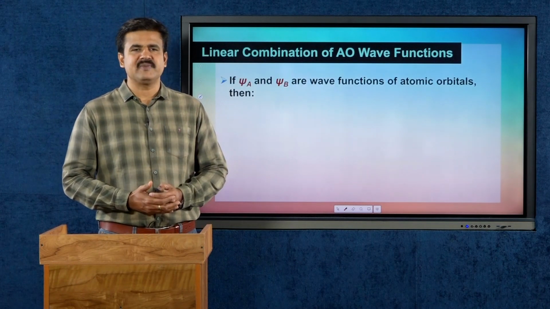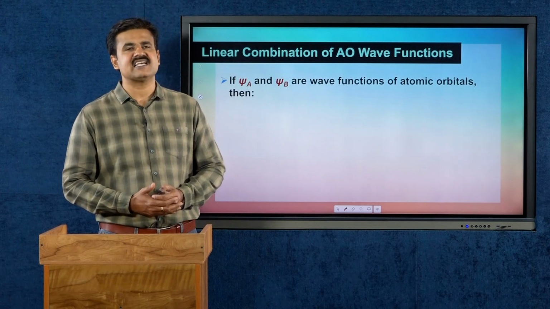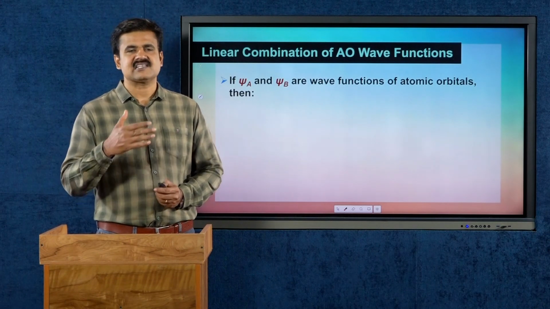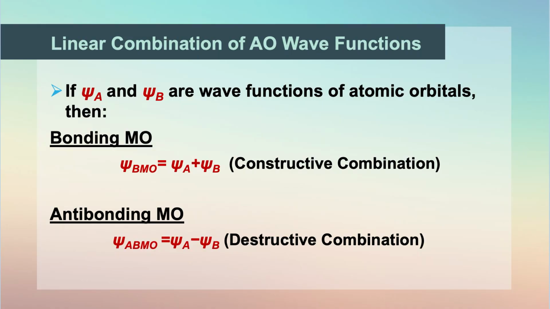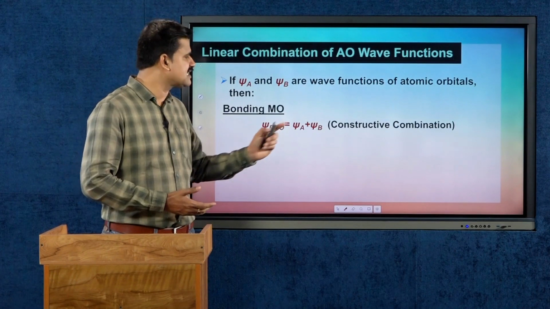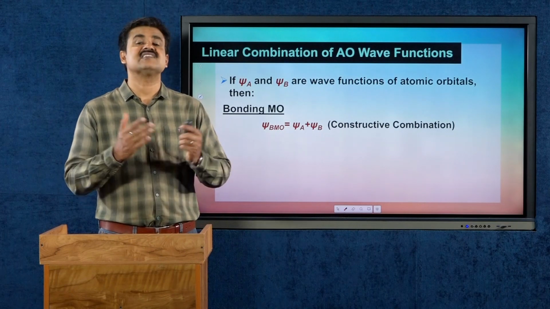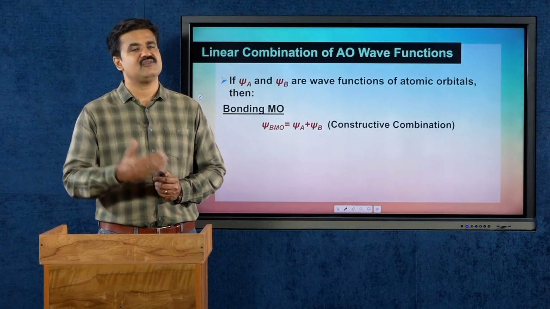This linear combination of atomic orbital wave function can be represented by taking psi A and psi B as component wave functions of atomic orbitals. Bonding molecular orbitals can be represented as psi BMO equal to psi A plus psi B. You should keep the fact that the positive sign represents the constructive combination or addition combination of atomic orbital wave functions.